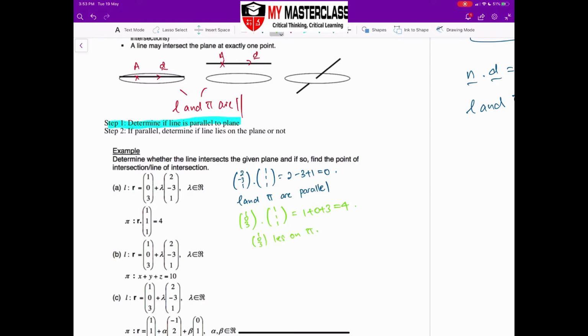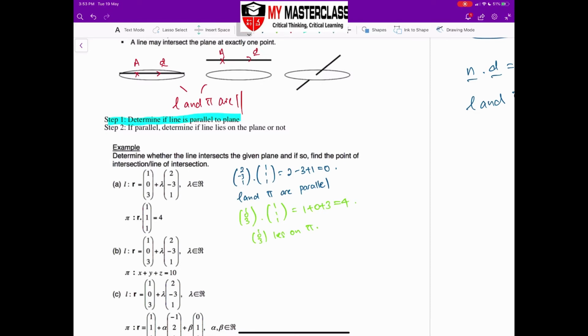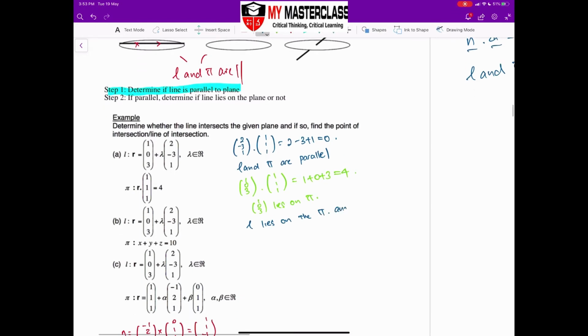And because the point that lies on the line lies on the plane as well, and the line and the plane are parallel, I can quickly derive that the line lies on the plane. And the line and plane are parallel.